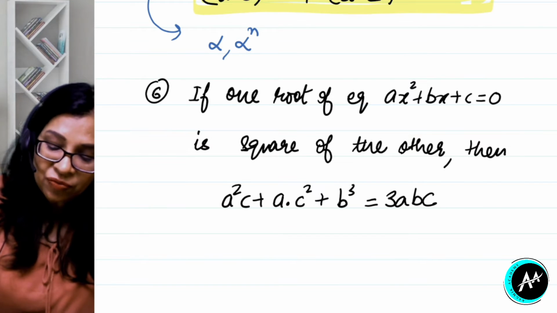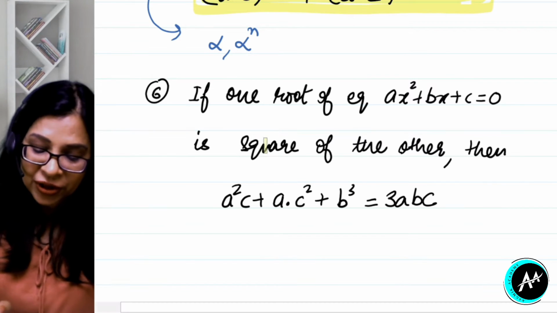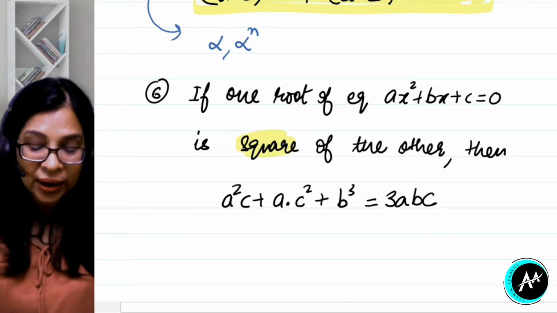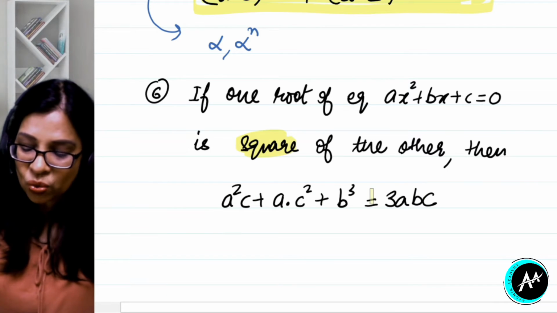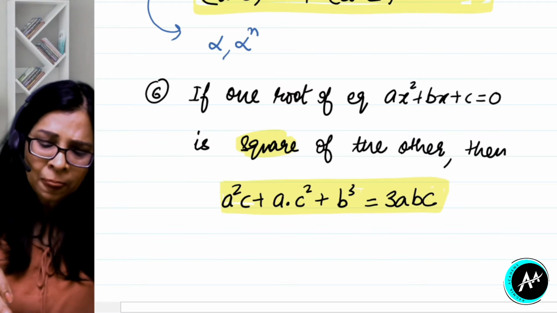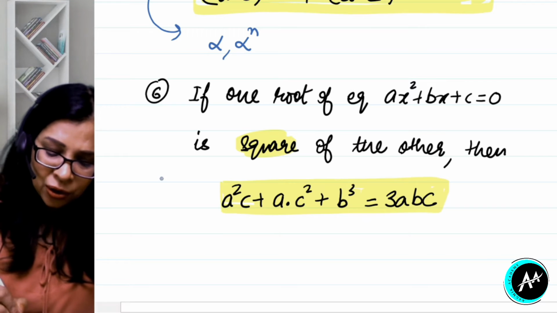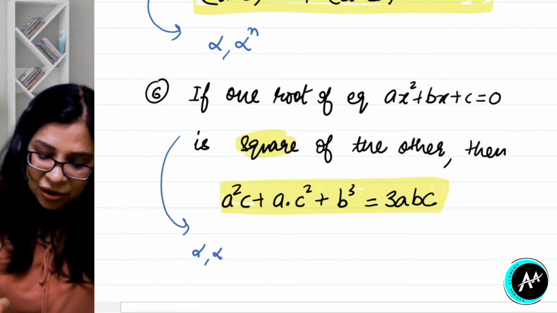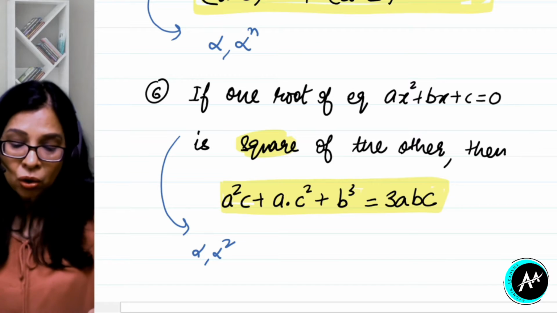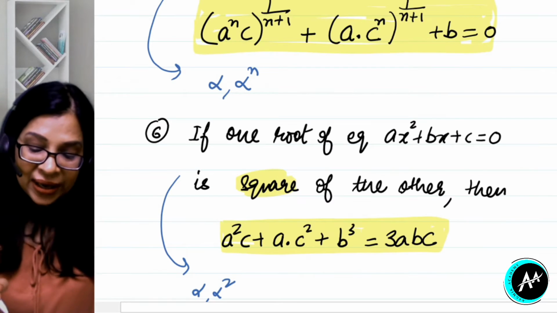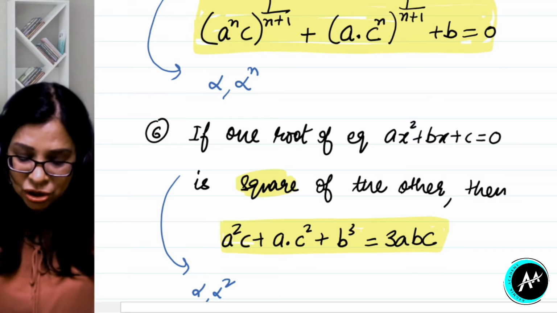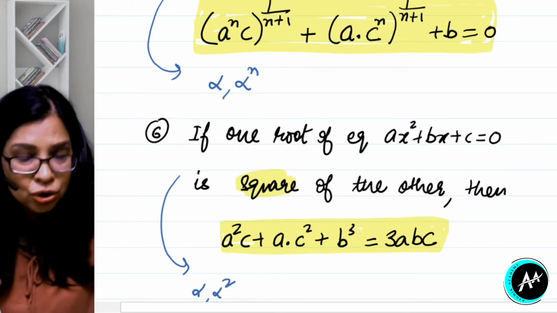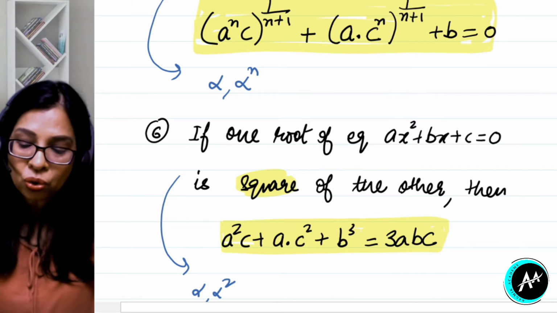Now, what does it mean? It means that when we say one root is square of the other, if one root is alpha, the other will be alpha square. Now look at the previous condition. We said that if one root is alpha, the other is alpha^n, then this is the condition. In this case, what is n? It is 2.